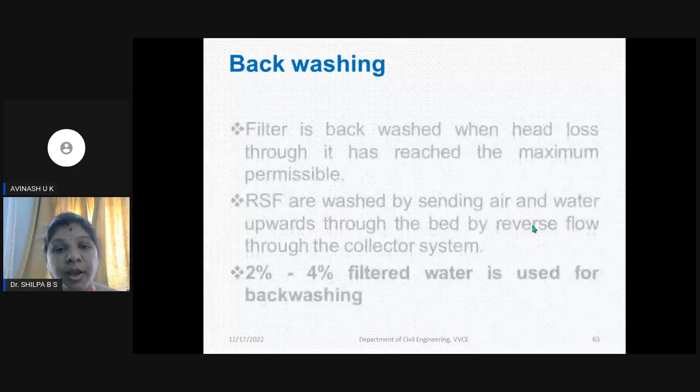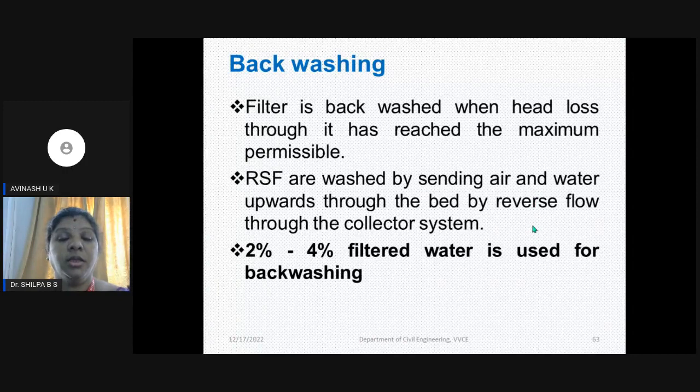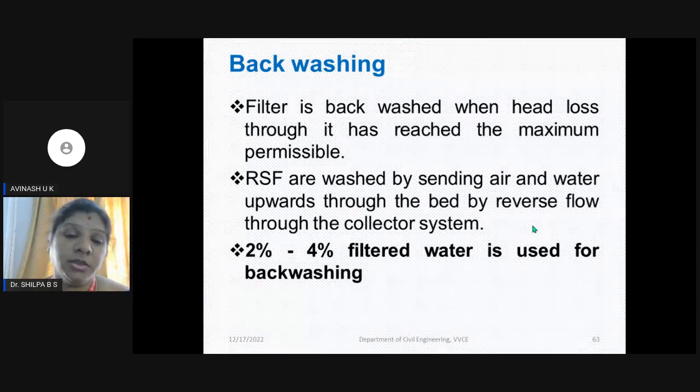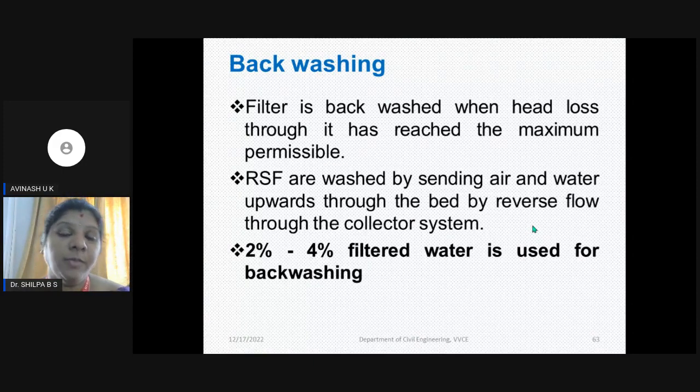Next, coming to backwashing, this is again one of the important features of this rapid sand filter. Because of this feature, the rapid sand filter is most commonly used in the conventional water treatment plant. Instead of taking out the top sand, we can clean the sand bed with the help of water flowing in a reverse direction.